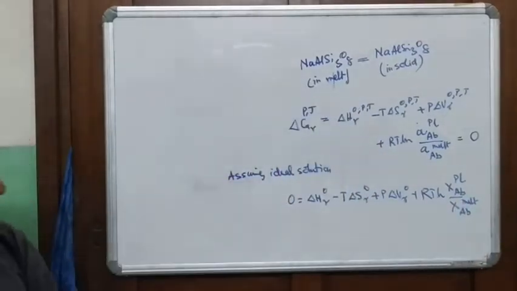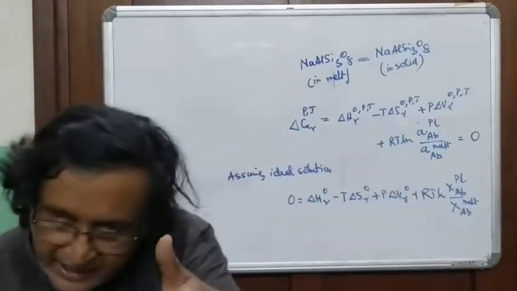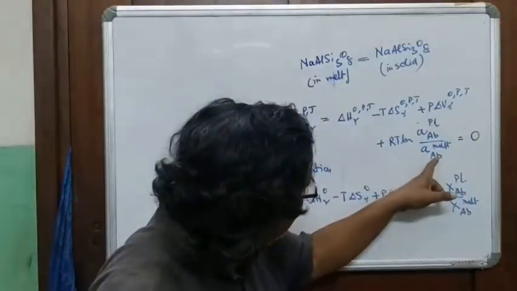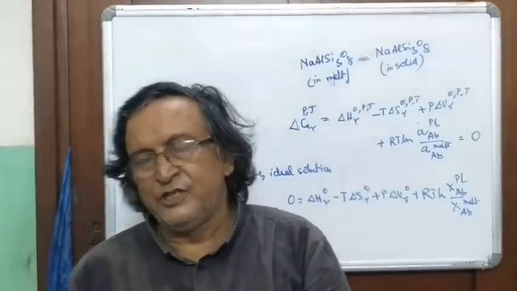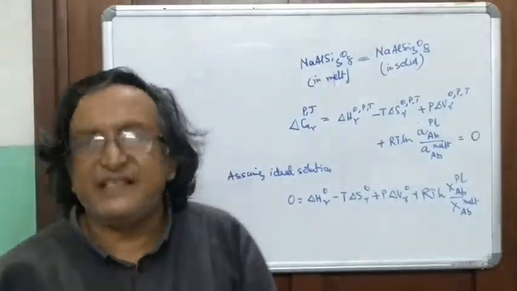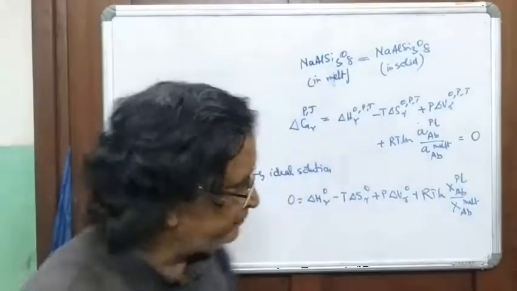Assuming ideal solution means the activity of albite in plagioclase is ideal, and activity of albite in melt is also ideal. Both are incorrect, imprecise assumptions. But it is easier to see that.